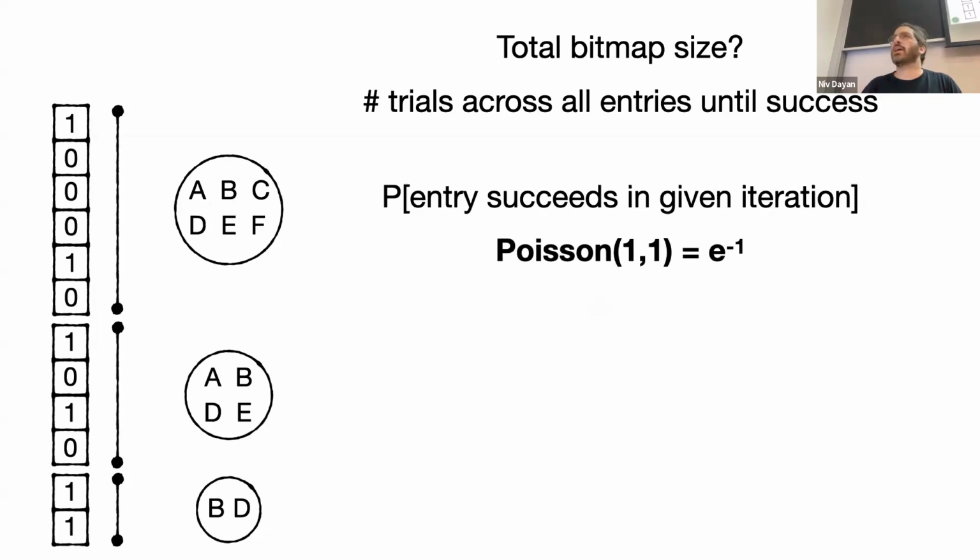And we've seen this last week, that that's just equal to 1/e. So this is your probability of success for a given entry in one iteration. Make sense?